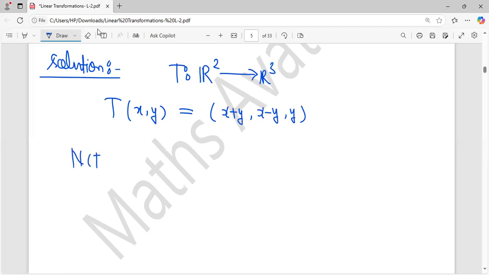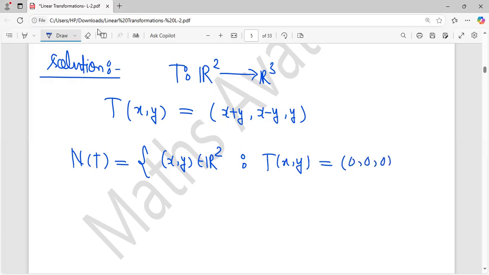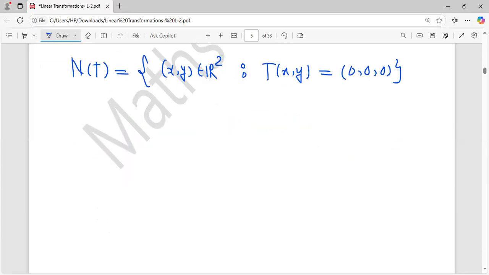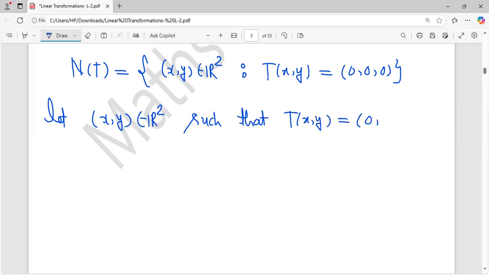What is the null space? The null space is the set of (x, y) belonging to R square such that T(x, y) is equal to (0, 0, 0). So let (x, y) belong to R2 such that T(x, y) is equal to (0, 0, 0).